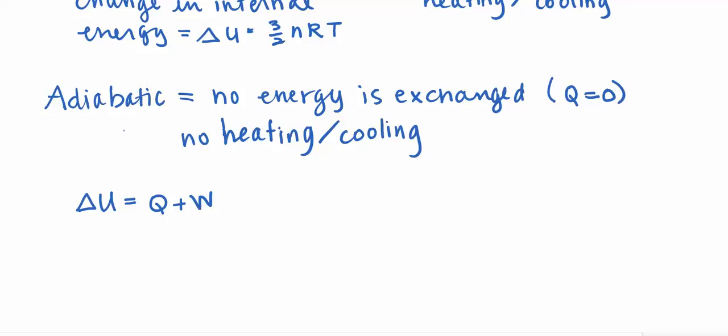So if Q is 0 for this adiabatic process, then that just means that the change in internal energy is due to the work done on the gas. So if change in internal energy is due to a change in temperature, then you can still have a change in temperature and have no energy exchange with the environment, no heating, no cooling.